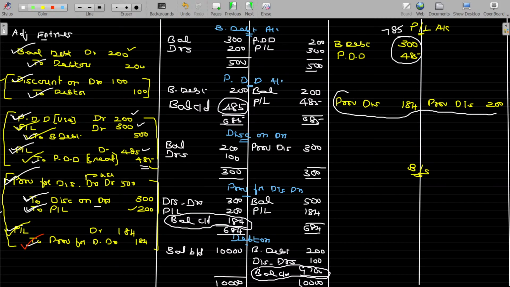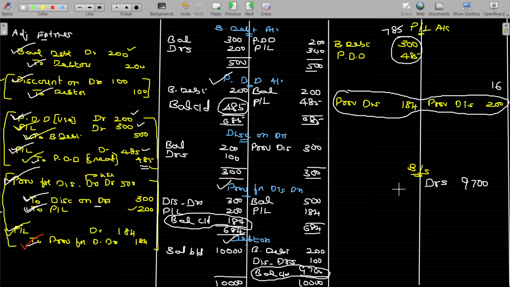The ultimate value of this being 16 should be in the credit side, right? Now, what are the leftover items? Debtors, the value being 9,700, and provision for doubtful debts as well as provision for discount on debtors. These two balances we have in the credit side.